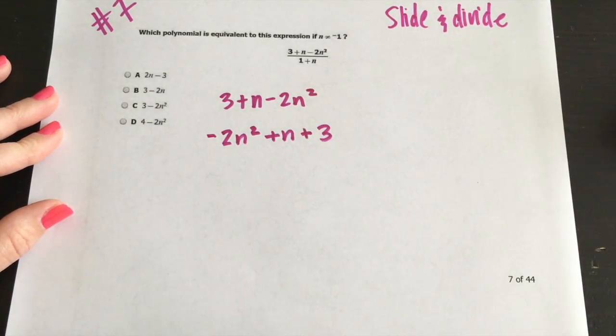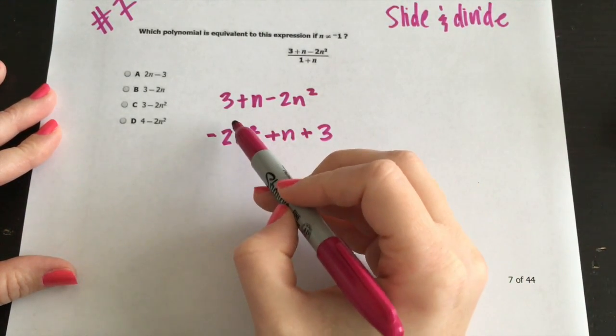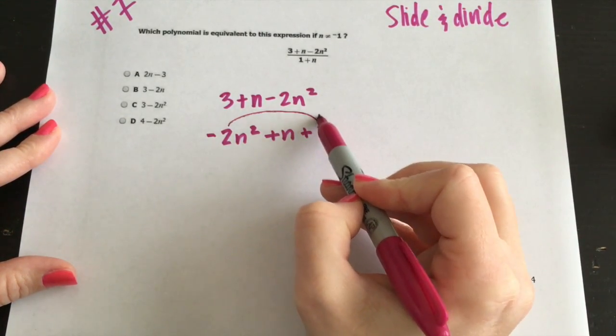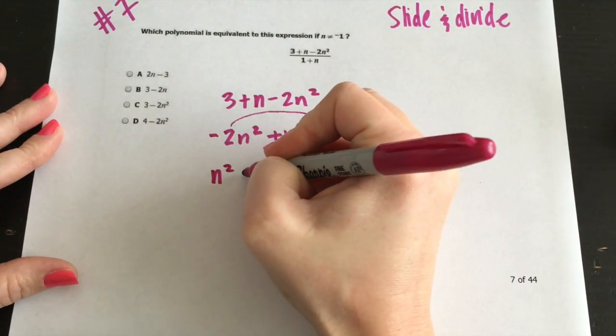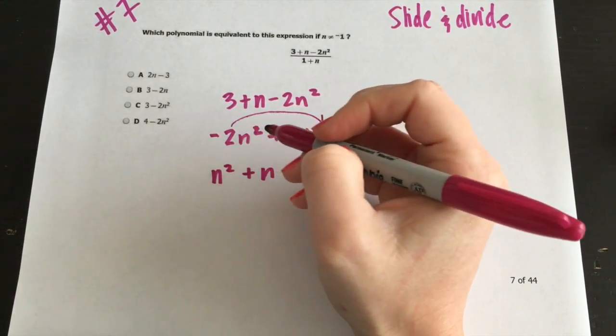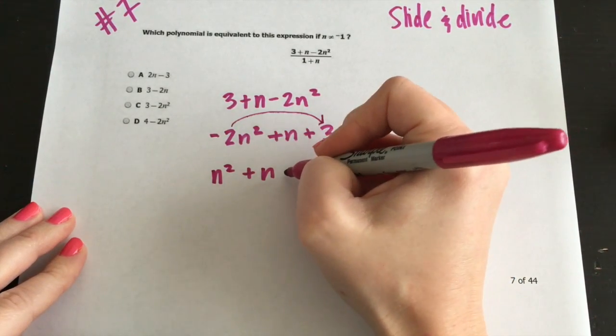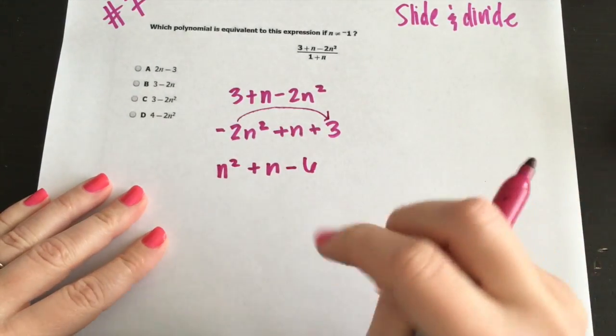So that's the method I use. Here's how you do it. You slide this number over here, so basically we multiply. You have n, so that will be n squared plus n, and then negative 2 times 3 is negative 6, right? So now let's factor this.